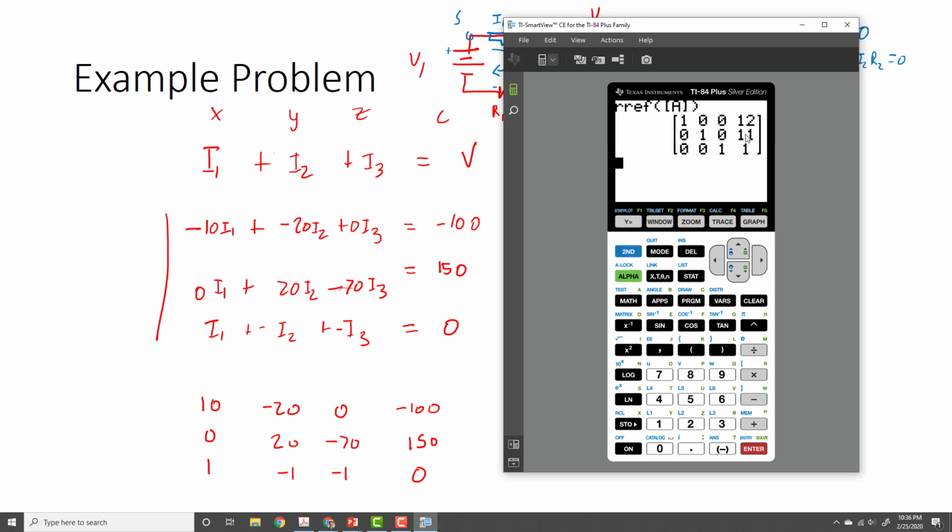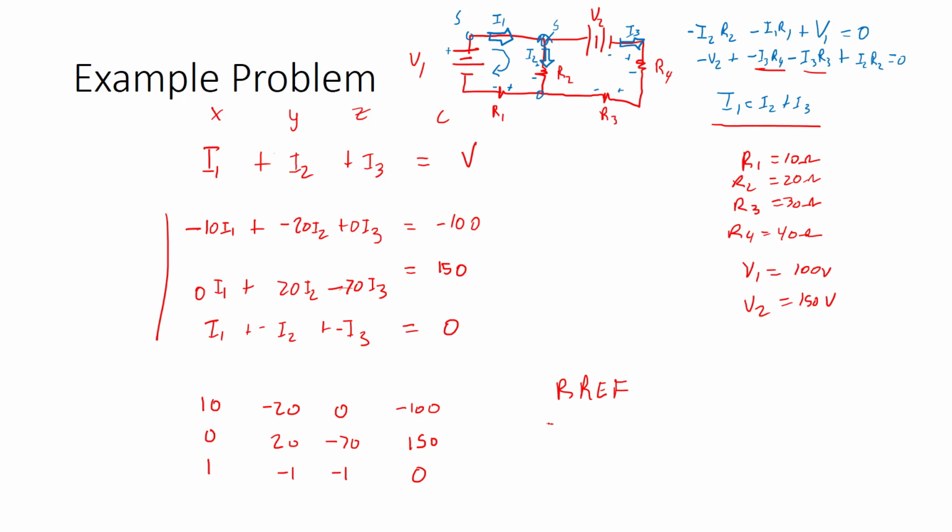Cool, now I know I2. And this one tells me that I3 is equal to 1. So I know the current in each branch. I know I1, I know I2, I know I3. So I have my final answers. I1 equals 12, I2 equals 11, and I3 equals 3.